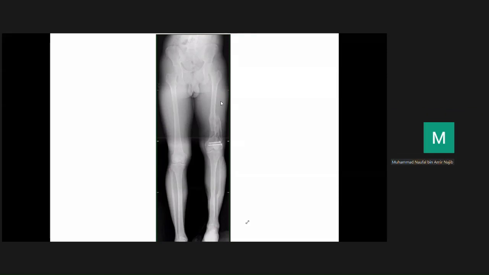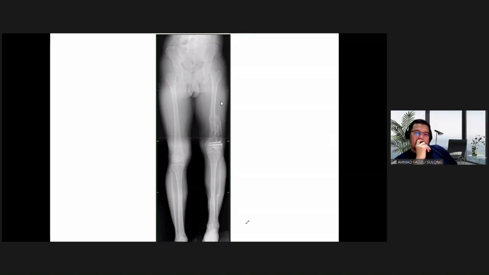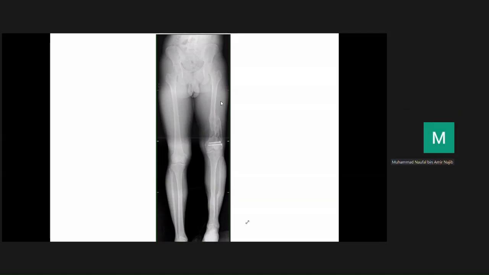Yes. Okay. So what do you think this long limb X-ray ataupun a scanogram is for? Usually kita guna untuk patient-patient yang ada limb discrepancy, but LLD kau boleh measure kat luar kan? So what's the reason we do this X-ray?